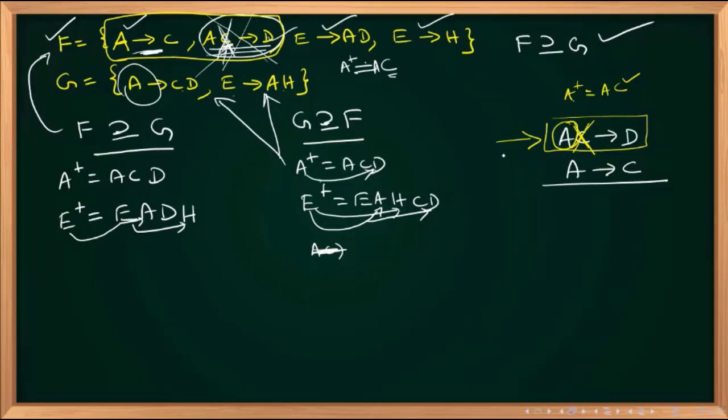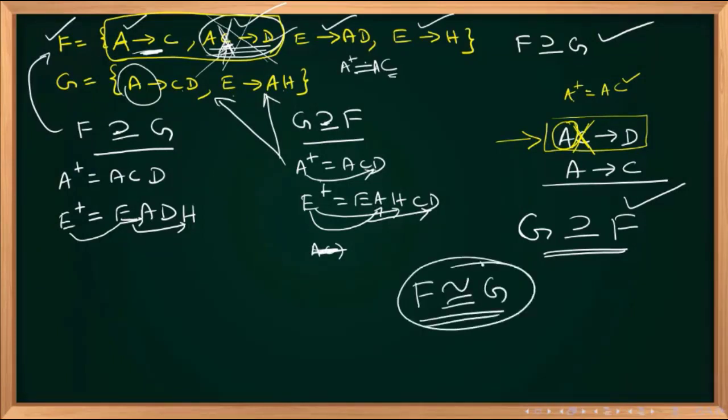At that time I will explain it again. Fine. So F is a superset of G. Now G is also, because all the 4 are satisfying, G is also a superset of F. So F covers G and G covers F, both are correct. So in that case we can say that F is equivalent to G.